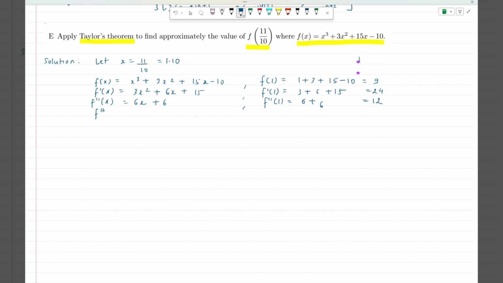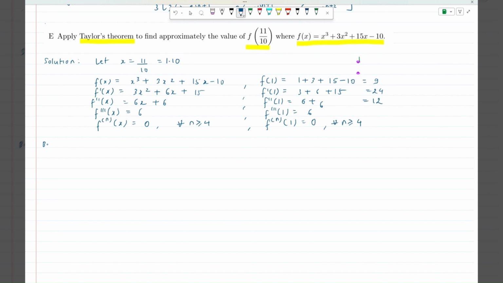The third order derivative of f is going to be 6, and since it's a constant, this also is going to be 6. Now you see that we have reached a constant, so we know that the nth order derivative of f is going to be 0 for all n greater than or equal to 4, and this also gives us that the nth order derivative at 1 is going to be 0 for all n greater than or equal to 4. Now we will first apply Taylor's theorem.